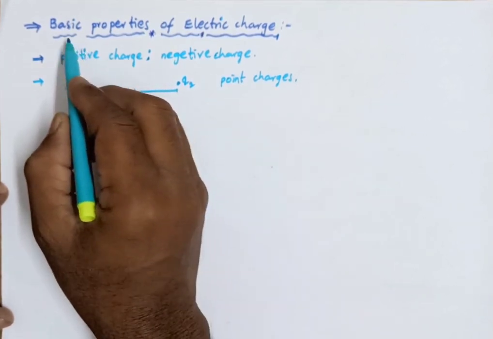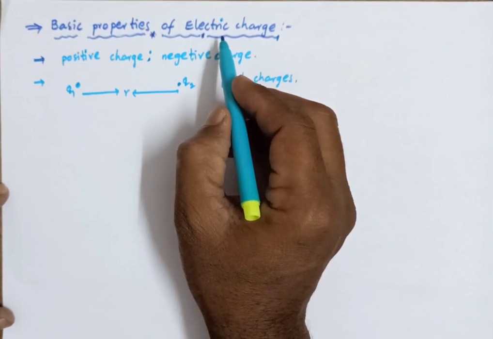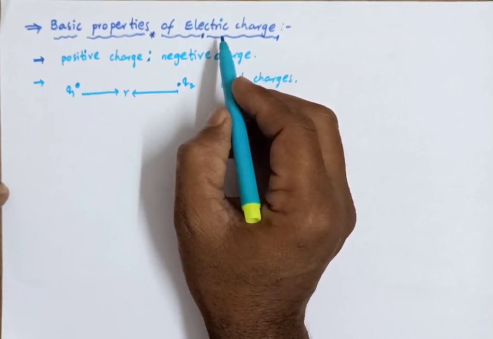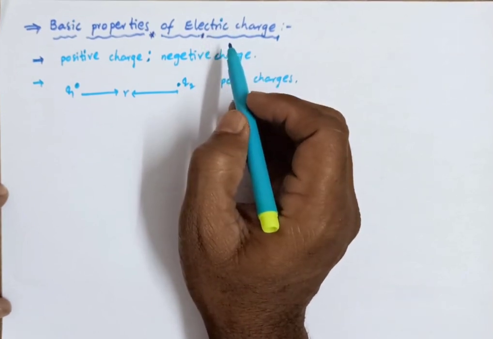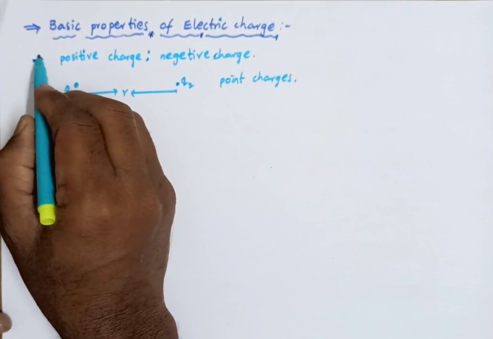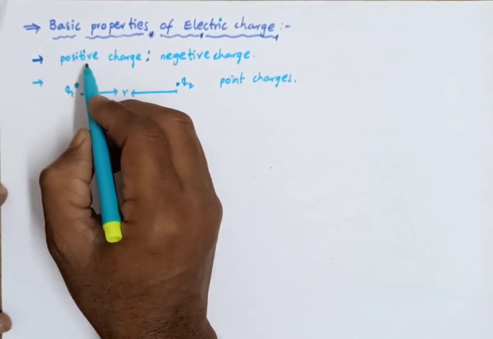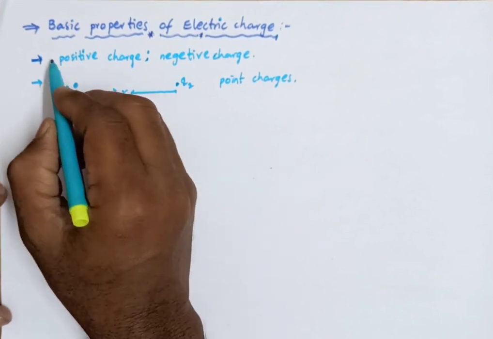Today we will discuss basic properties of electric charge, and Coulomb's law for multiple charges. We know that electric charge is divided into two types.